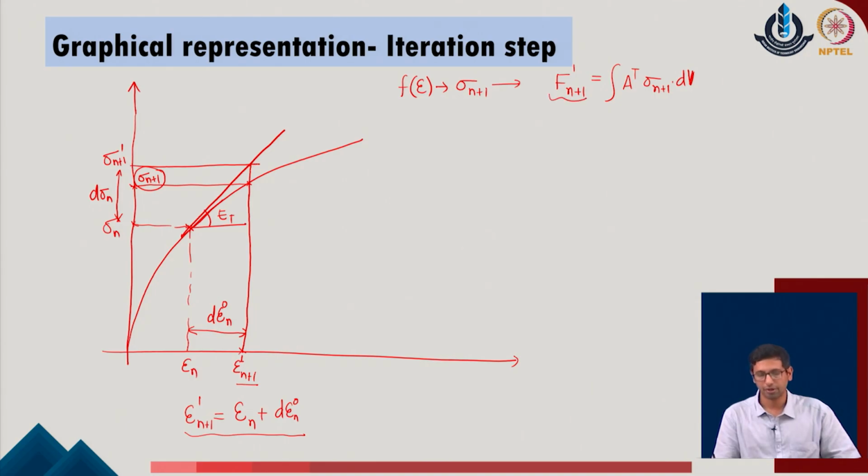So, this will be evaluated as the nodal load vector for each member, and as we are doing it for each member, we take the summation over all. So, this is the net summation for all the members with respect to the individual nodes, and that value is identified as f of n plus 1, at the n plus 1th node of the given system, and this is the first iteration.